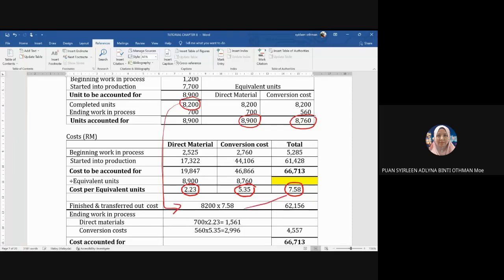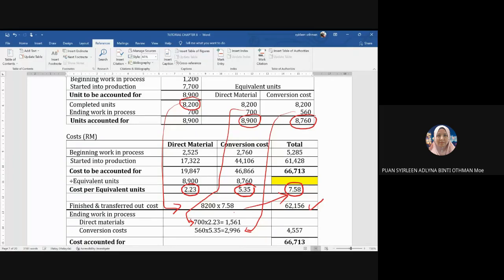Okay. Alright, so tadi 8,200 ni bawa sini. Darab dengan RM7.58, kita dapat 62,156. Okay. Your direct materials yang ni bawa sini. Jauh jalan dia. 700 darab RM2.23. Yang ini it's 560 darab RM5.35.